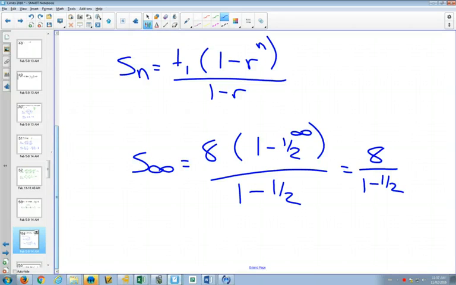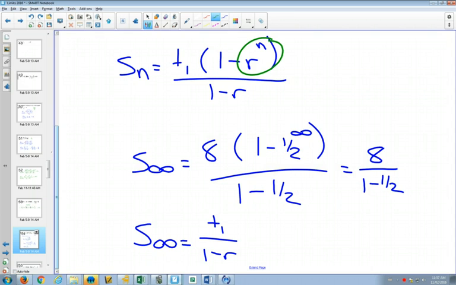And you learned the formula for infinity was just t1 over 1 minus r. Well, that was because this limit, this part, equaled 0. And that's why the formula changed from the formula for the first n terms to the formula for the infinite amount of terms, which is pretty cool.